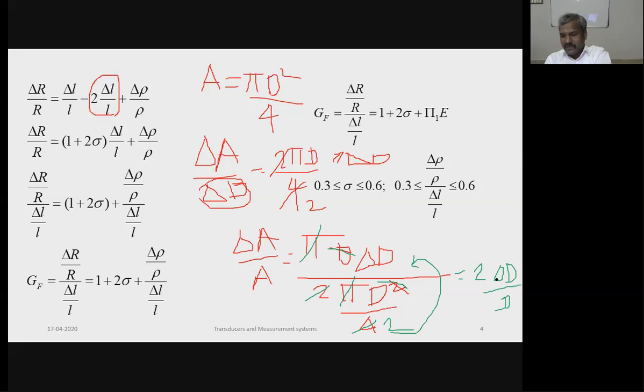So del A by A equal to 2 times del D by D. So what is del D by D here? We know that del A by A equals 2 del D by D. Understand?